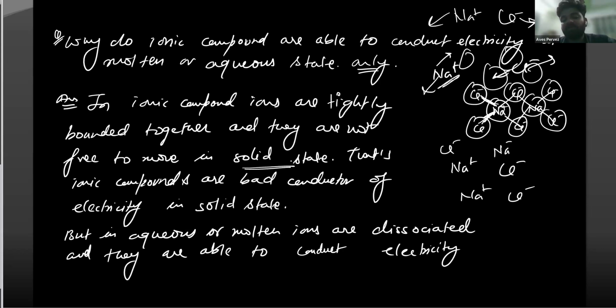That's why ionic compounds are bad conductors of electricity in solid state. In solid state they are tightly bonded together and not free to move, so they are not able to conduct electricity.